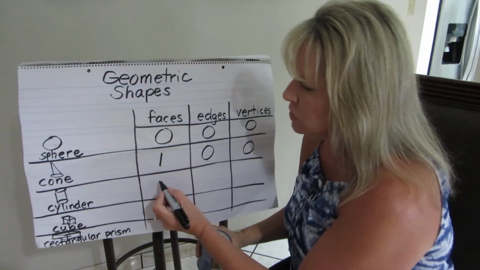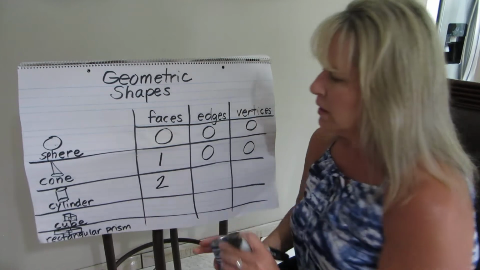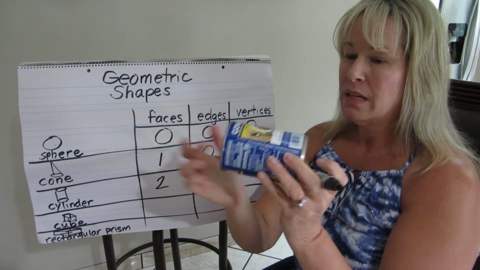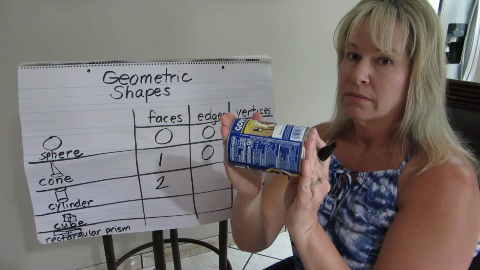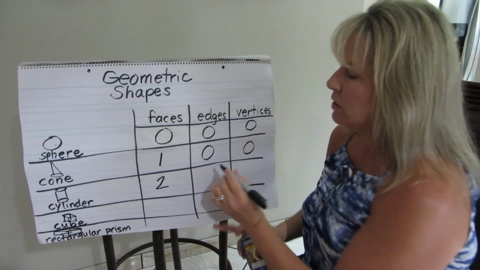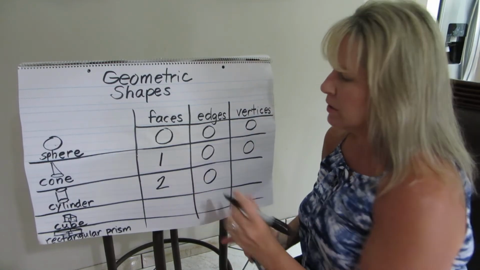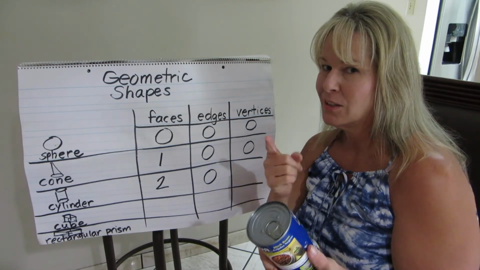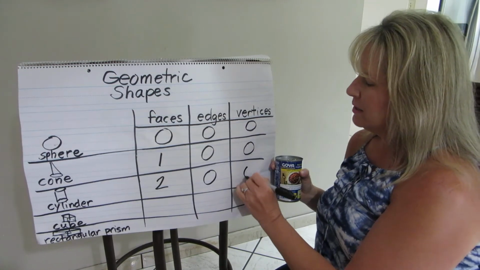So a cylinder has 2 faces. Now, looking at the edges, where those faces meet. Well, these faces don't ever meet, so we can't have an edge because they're not touching one another. So there are no edges on a cylinder. So do you think there's going to be any vertices? You got it, no vertices.